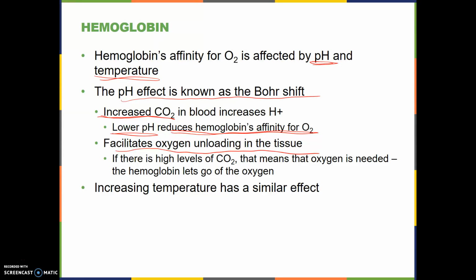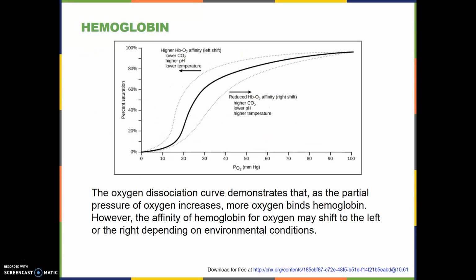And it does that because high levels of carbon dioxide lower the pH, and that reduces the hemoglobin's affinity for oxygen so that it will let go of it. And increasing temperature has a similar effect. Increasing temperature will reduce hemoglobin's affinity for oxygen, and it will release oxygen into the tissues.